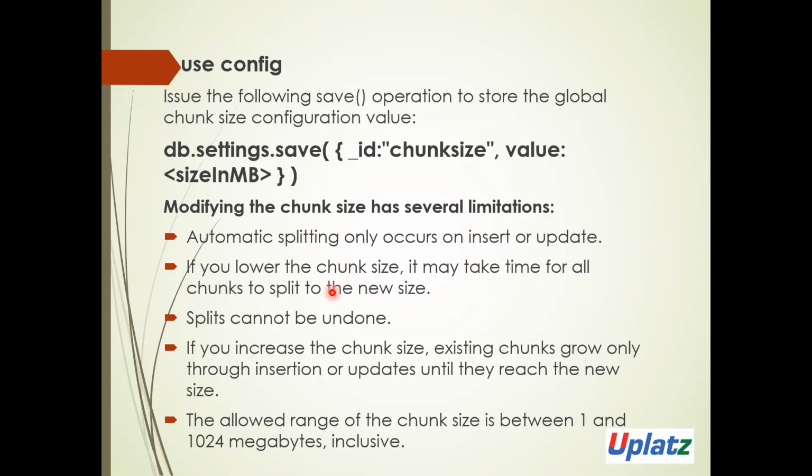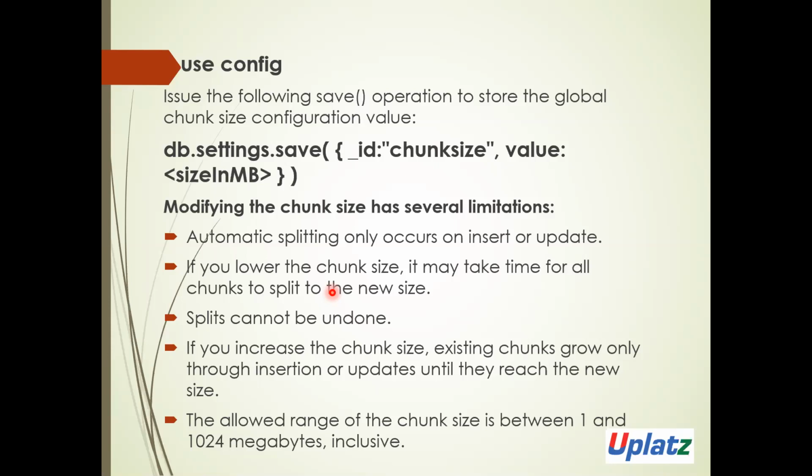If it has a lower chunk size, it will take time for all the chunks to split to the newer size. Split cannot be undone. If I increase the chunk size, existing chunks will only grow through insertions or updates until they reach the newer size. The allowed range should be between 1 and 1024 megabytes inclusively.